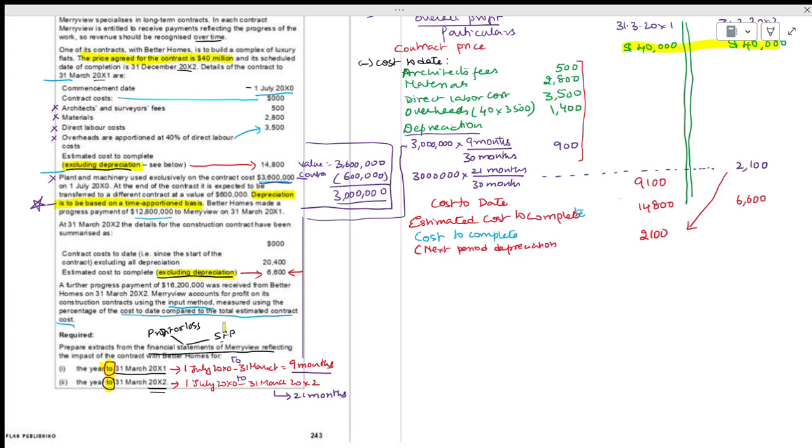Fine. Now, depreciation here, what are we taking? We are taking depreciation of 2001. Now, for 31st March 2002 also, we have taken depreciation, 2100, excluding depreciation. Means we have to add the depreciation that we have calculated here.